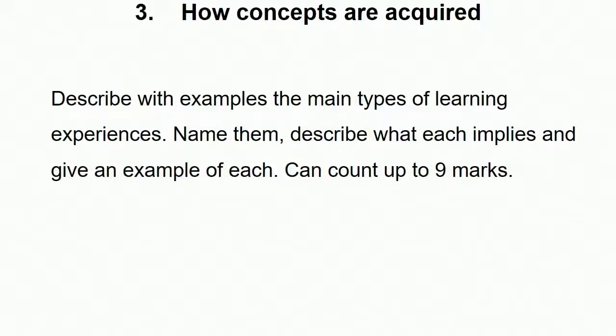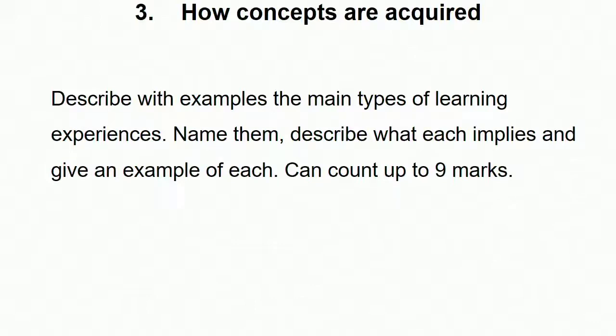How concepts are acquired. There you can be asked to describe with examples the main types of learning experiences: name them, describe what each implies, and give an example of each. This can count up to 8 or 9 marks. Let the marks guide you in what you're going to write.